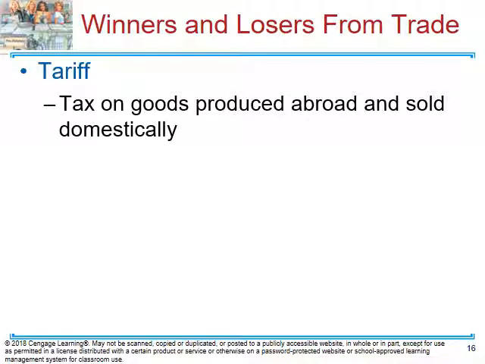Okay, now we will talk about tariffs, a topic of international trade. A tariff is a tax on goods produced abroad and sold domestically.